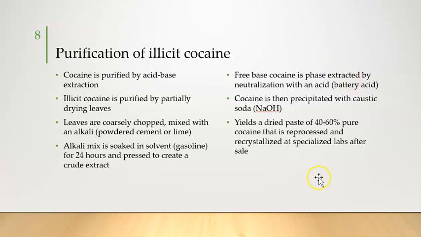So you can see it's a whole big process, and all of this is just to yield that free base or the salt cocaine. If you want crack cocaine, you have to do even further steps. It's a big, long process, and this is one reason why it may be more expensive than other drugs, because it requires so much work.